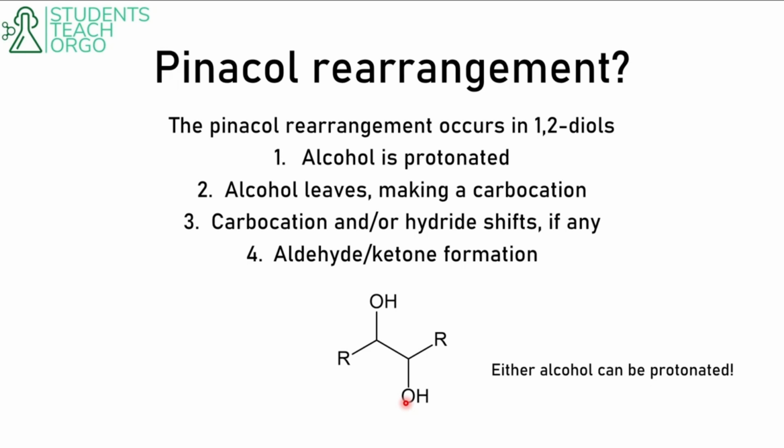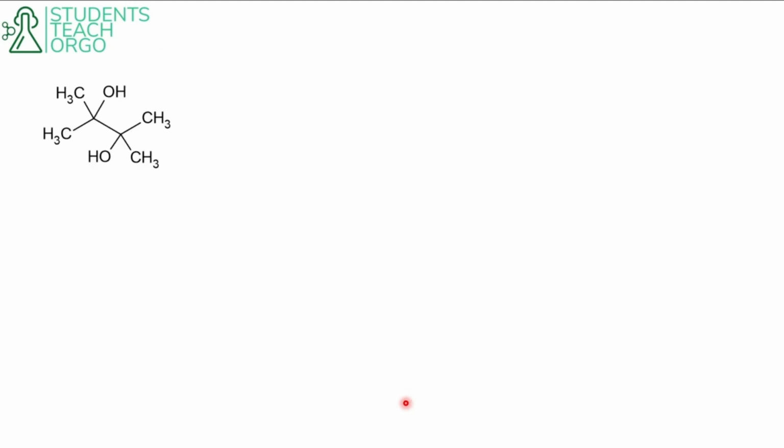So let's take a closer look at what that reaction actually looks like in action. We're going to look at this pretty simple molecule here. Now this is a symmetrical molecule, which is nice because we only have to worry about one product in that case. And we need to protonate one of the alcohols here. How do we do that? Well, we can use a strong acid, right?